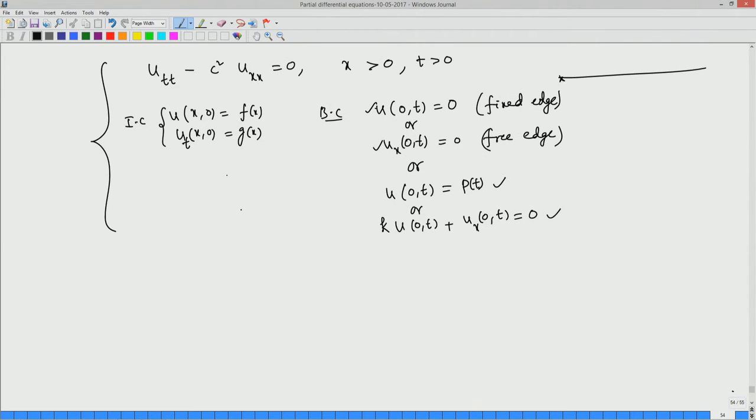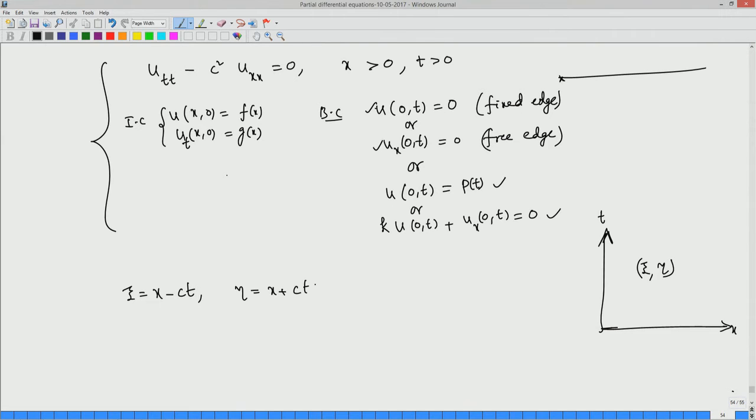So what we do is, this is your domain, x is positive and t is also positive. This is a quarter plane, this is x and this is t, and you bring in your xi and eta variables as xi equal to x minus ct, eta equal to x plus ct.